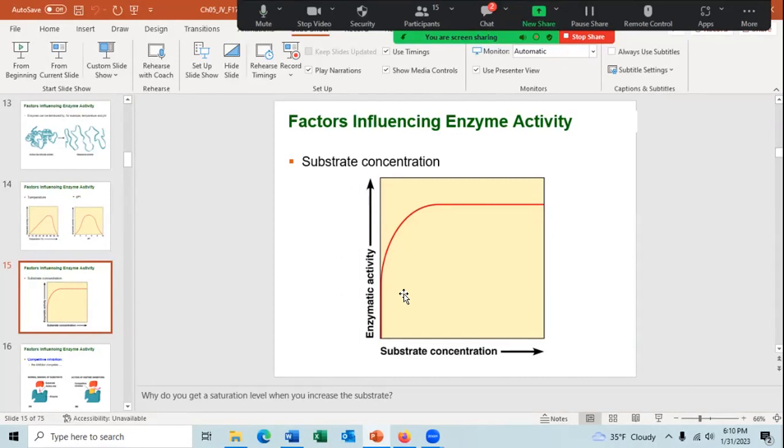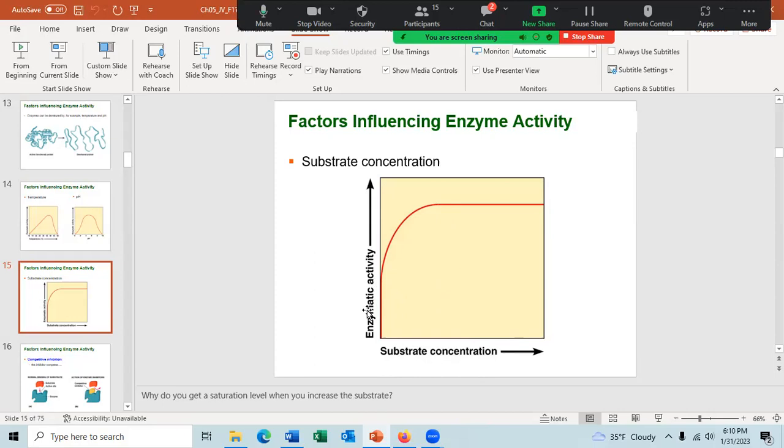However, once all of the enzymes are bound to the substrate, then if we increase the substrate concentration further, you cannot speed up the enzymatic reaction any further because all of the enzymes are already bound to the substrate.